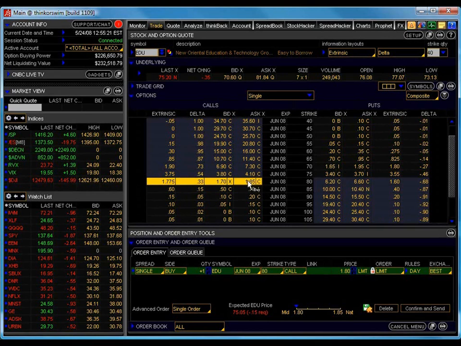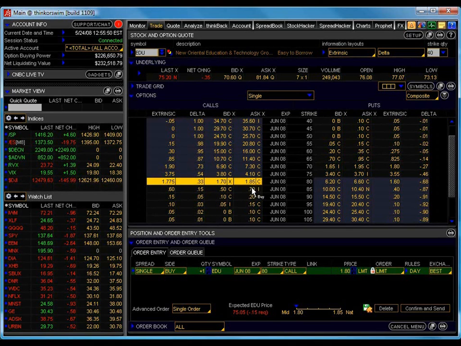For example, if we purchase this call option for $1.85 and the stock moves against us, say it moves down by $5, what happens to our call option? Now it's only worth 70 cents. We've lost about $1.05 of the option price. That's almost 50% of the option price.